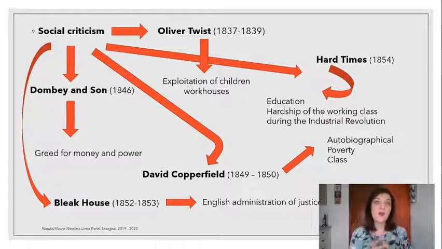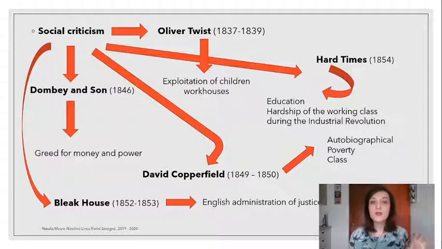And we can close, these are only examples, with Hard Times. Hard Times is a novel which was published in 1854, and it focuses on a social criticism of education, of how the Victorians used to educate their children, the young generations.